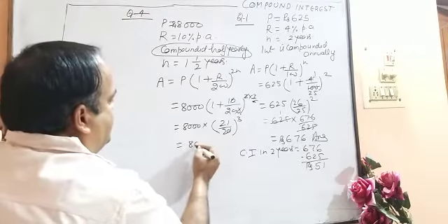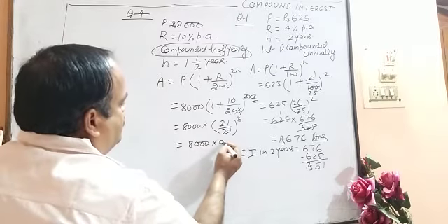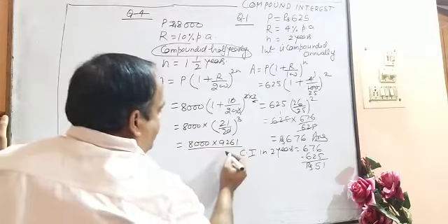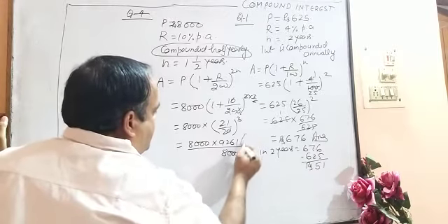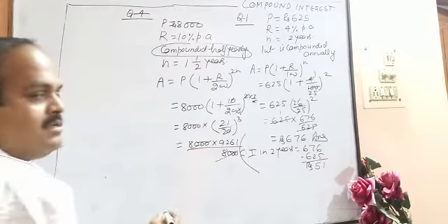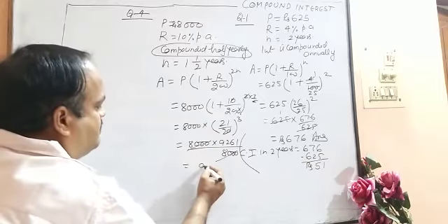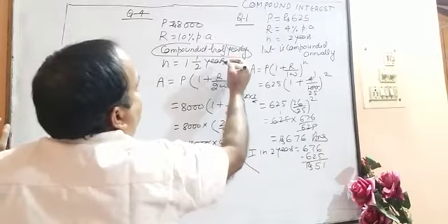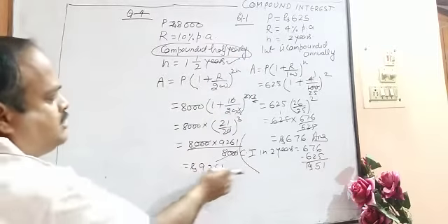So we get 8,000 into 9261 upon 8,000. Cancel. So we get the amount after 1 whole 1 by 2 years as 9261.